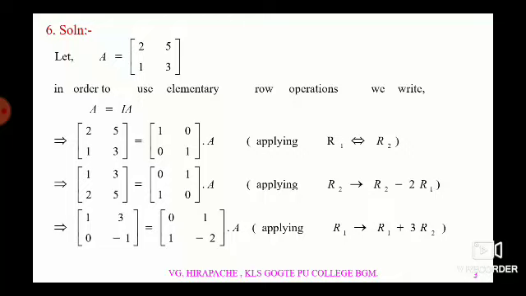In the next step, you have to get 0 in the non-diagonal elements. Therefore, the first row second element should be 0 and second row first element must be 0. To get the 0 in the second row first element, we will apply R2 changes to R2 minus 2 times R1.